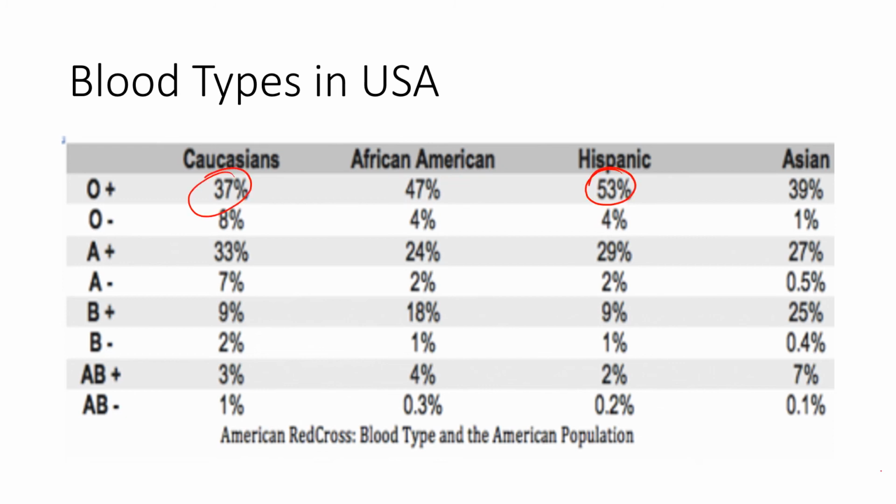If you find A positive blood at the scene, it's slightly more likely that person is Caucasian rather than Hispanic. But remember, that's no hard and fast rule. It's not like Caucasians don't have O positive blood. It's just Hispanics are a little more likely to have O positive blood than Caucasians.